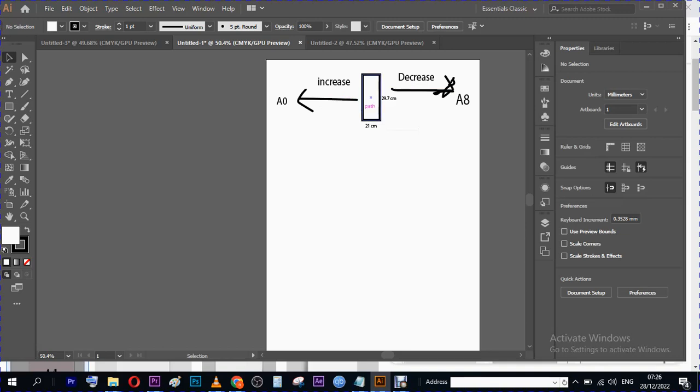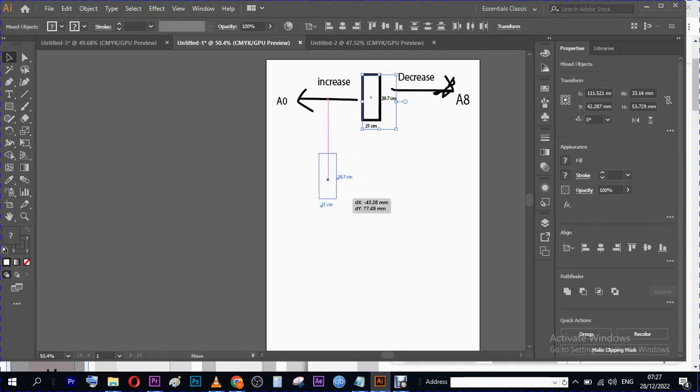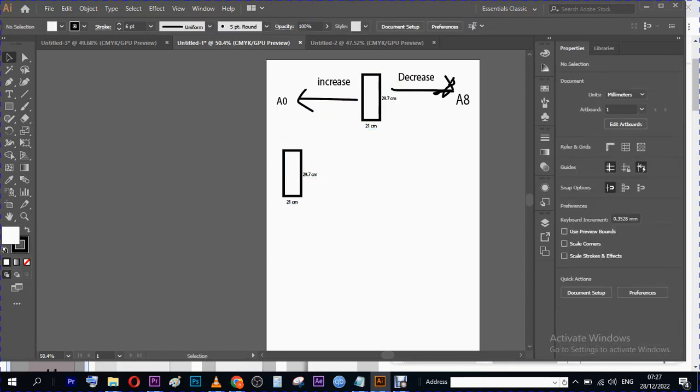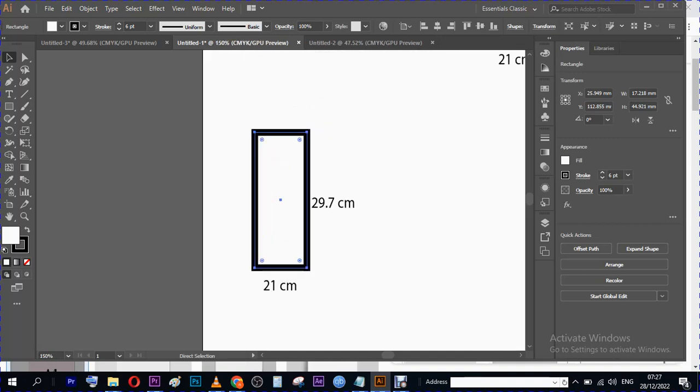So if this is our A, let us start with decreasing it. So if this is our F4, remember we said an F4 is a 29. Let us try to select it and Ctrl plus to increase it.